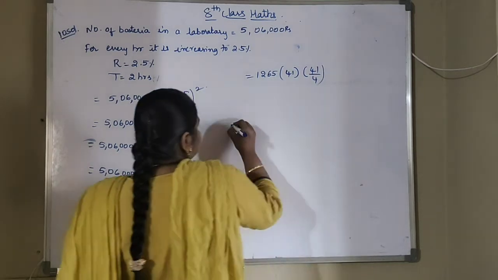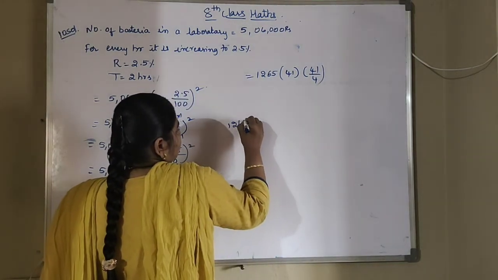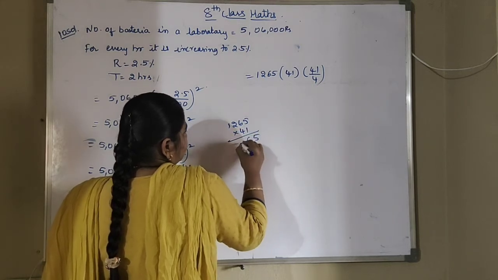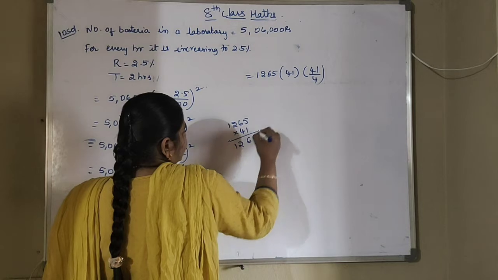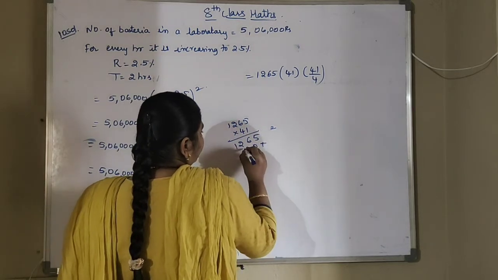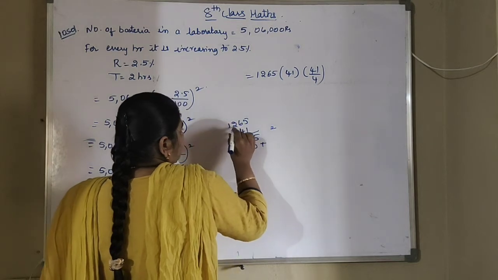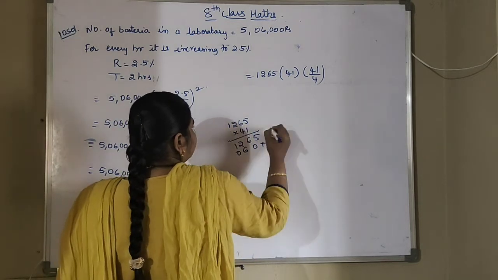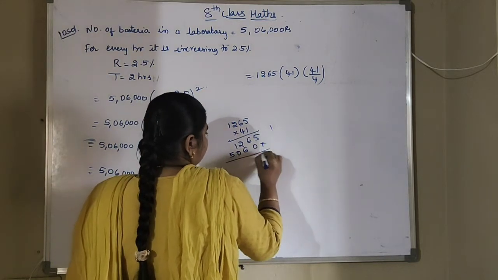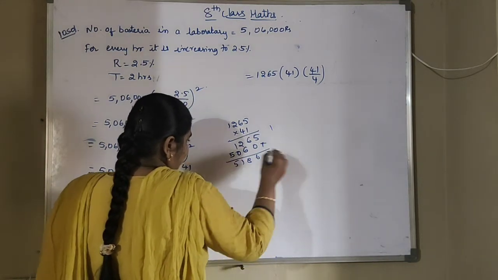So multiply 1265 into 41: 4 5s are 20, 4 6s are 24, 25, 26, 4 2s are 8, 9, 10, 4 1s are 4, 4 plus 1 is 5. So this much you got.